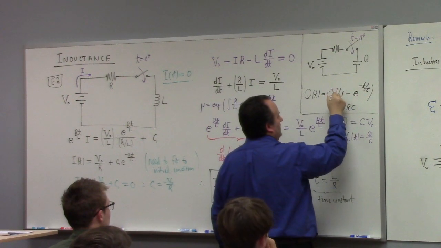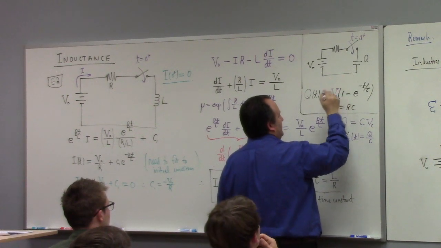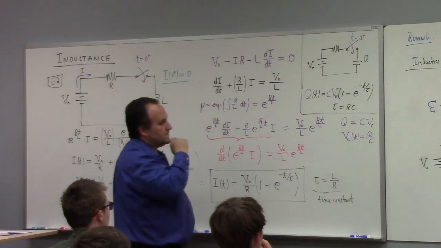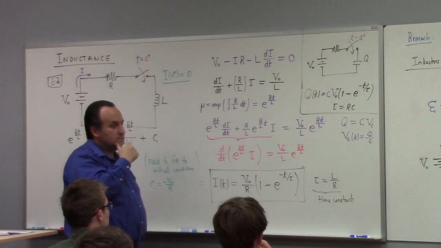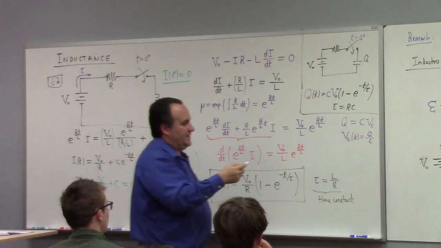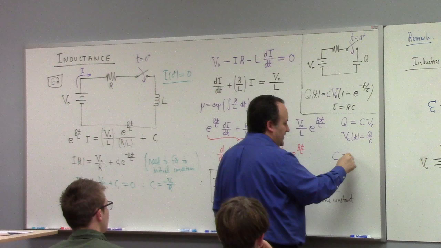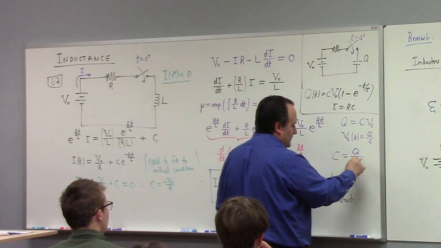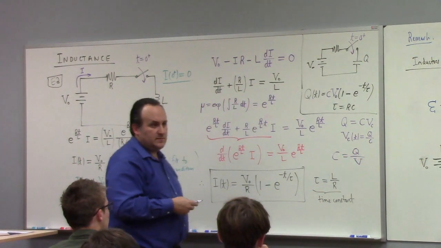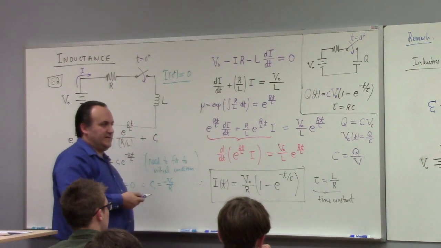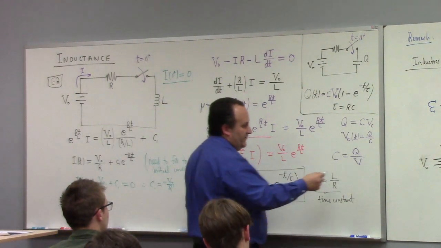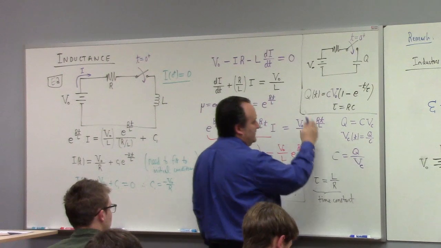Would that make more sense to you? I mean, you're right. Capacitance was charge over voltage, by definition. If that's the case, then the formula for Q must have units of CV naught.